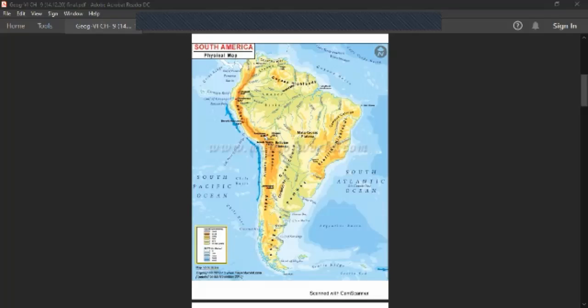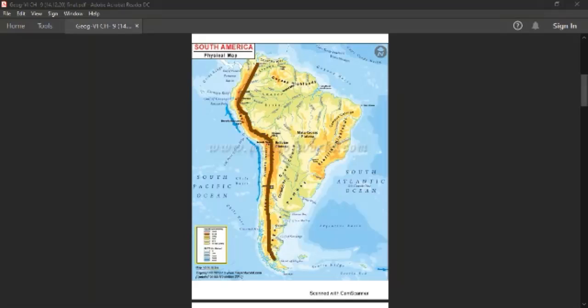South America is divided into 5 physiographic regions. The first is the Western Mountains. By the Western Mountains, we refer to the Andes mountain range. Andes is the longest continuous mountain range in the world.